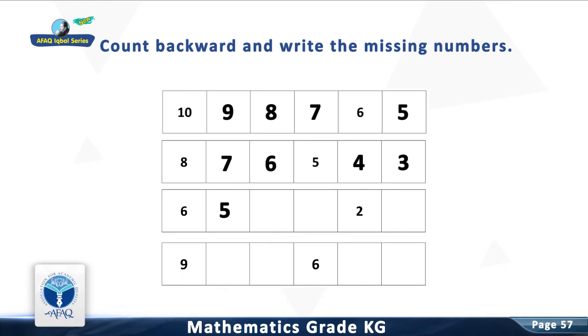Now start from 6. Good. It is 5. Next. Good. It is 4. Next. Good. It is 3. 2 is already written. Next. Good. It is 1. Now start from number 9. Good. It is 8.